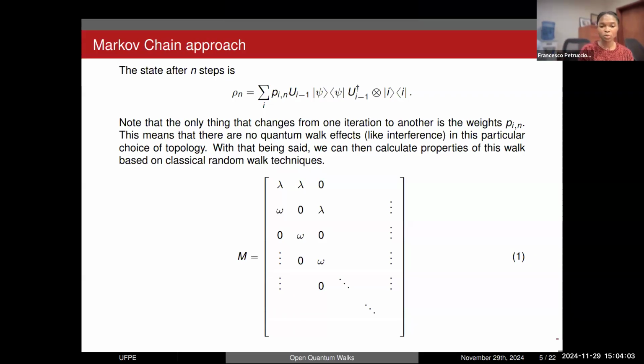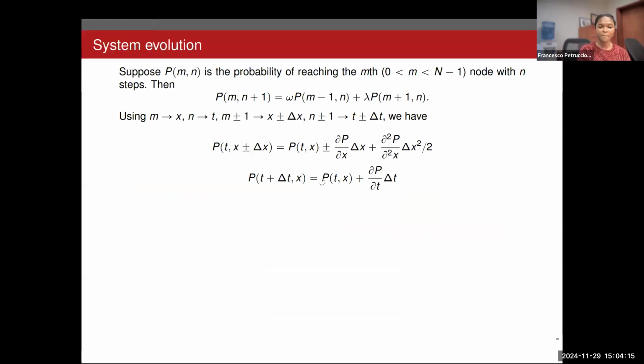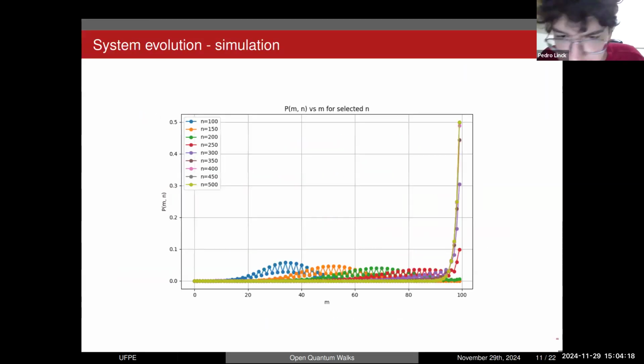Yes, so maybe if you go on your graph, your simulation figure. On the simulation, please. Probability, number of steps. Here, you are saying? Yes, please. I just wanted to know if the probability 0.5 is a steady state, or as we increase the number of steps, we can have a higher probability?